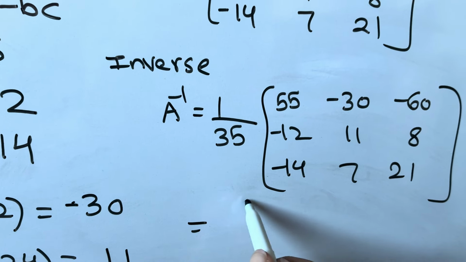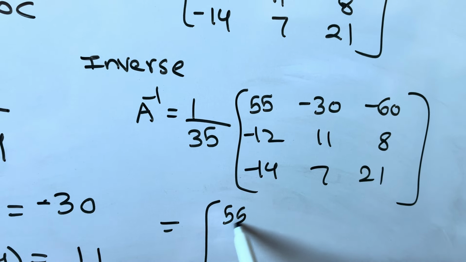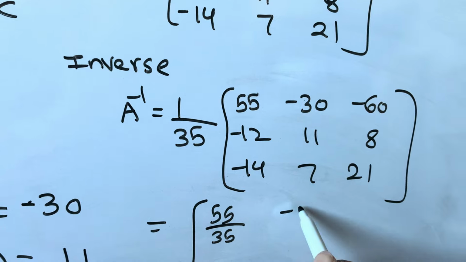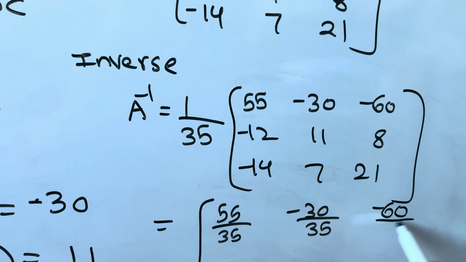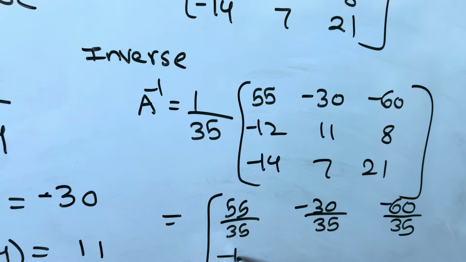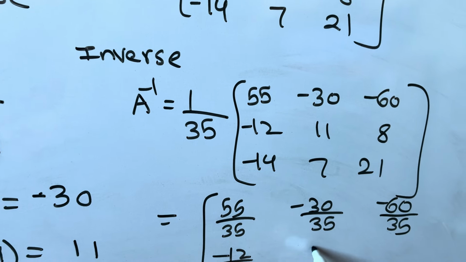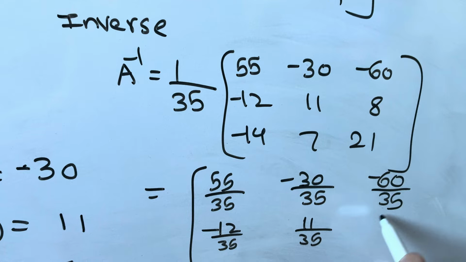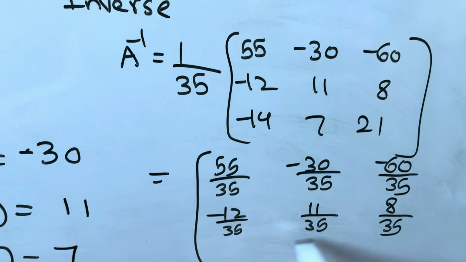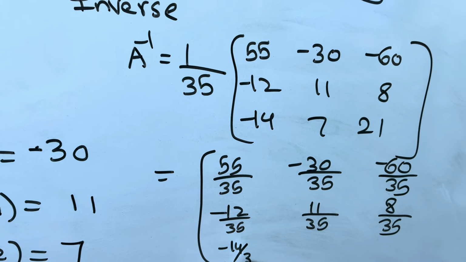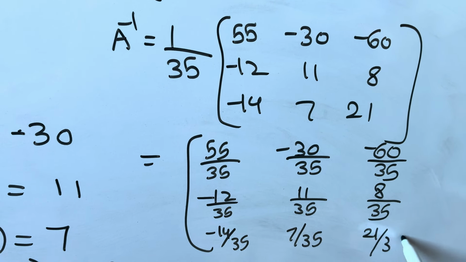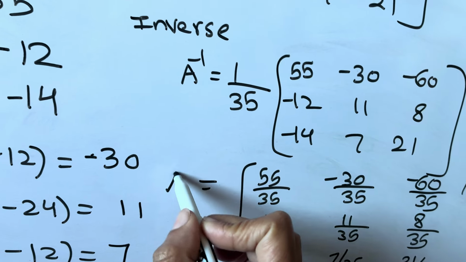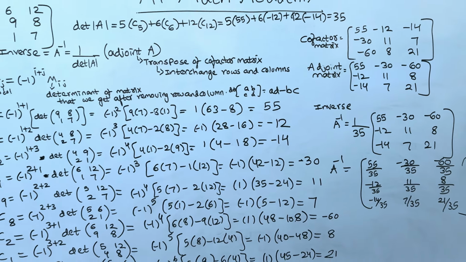In a simplified way we can write it as 55 by 35, minus 30 by 35, minus 60 by 35, and minus 12 by 35, 11 by 35, 8 by 35, minus 14 by 35, 7 by 35, 21 by 35. So this is how you find the inverse of a 3 by 3 matrix, and this is a total glimpse of the problem.